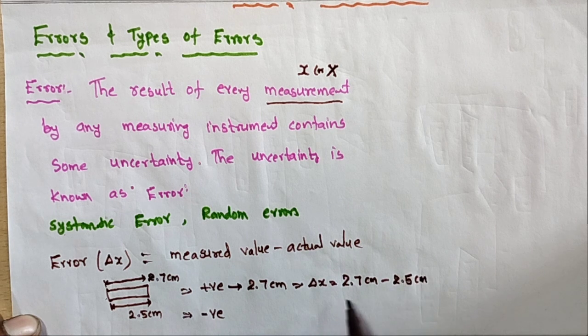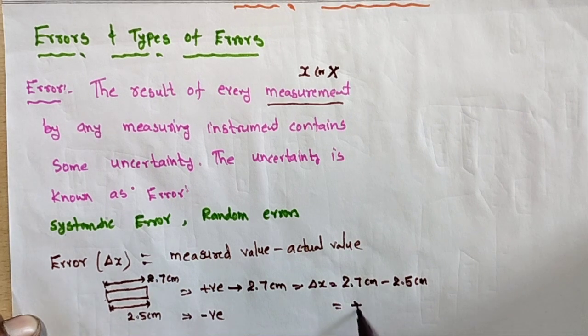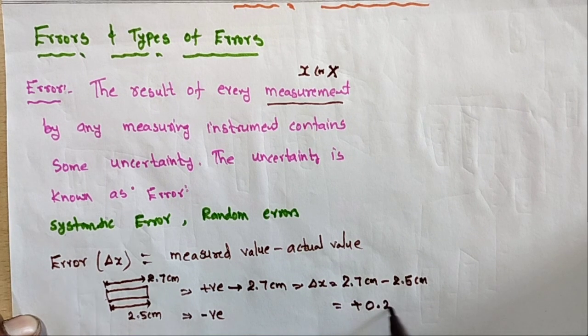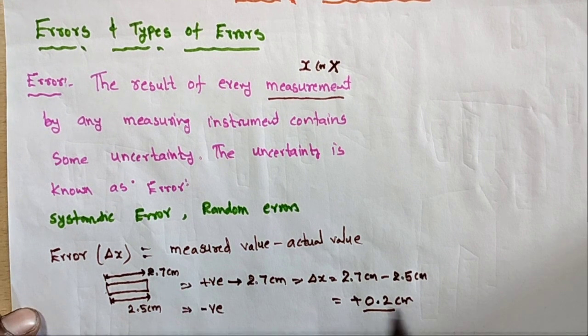So 2.7 minus 2.5 is plus 0.2 centimeter. This is the error. In this case, the error is a positive value.